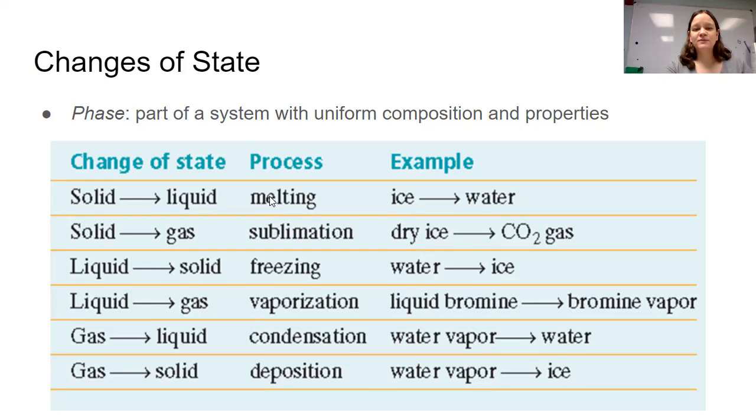Most of these you should be familiar with. The one that you might not be is right here, sublimation, going straight from the solid to the gas state, totally skipping over the liquid phase. One example is dry ice. Don't ever touch dry ice with your bare hands. Dry ice is frozen carbon dioxide, and it's very, very cold.